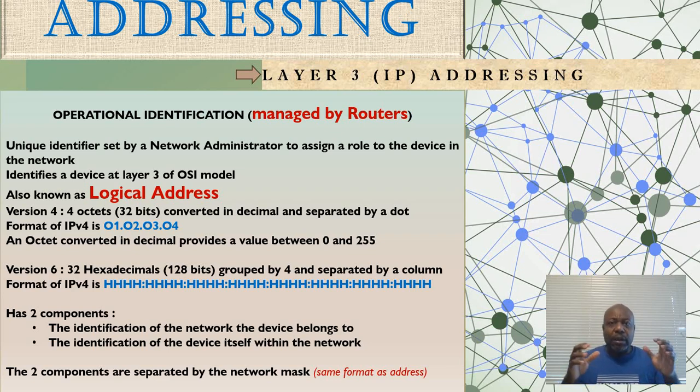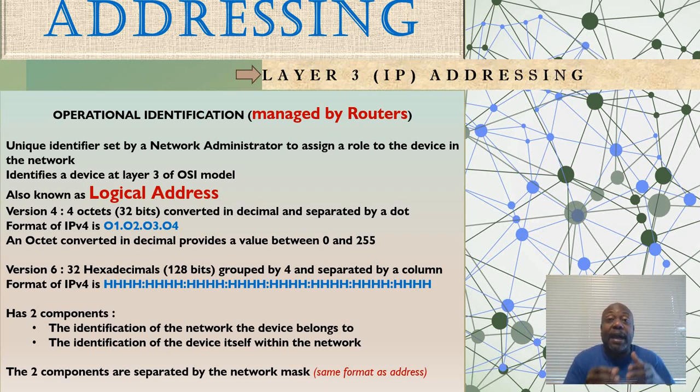And we have two flavors of IP addresses. Initially, we had version 4 of these addresses that we call IP version 4. And those addresses were coded on 32 bits, grouped in 8. So that makes 8 bits for an octet.